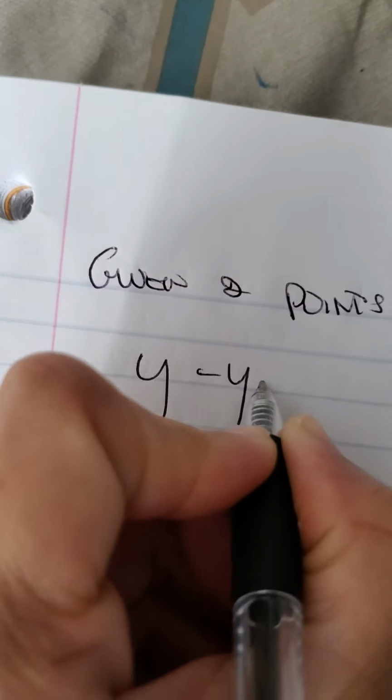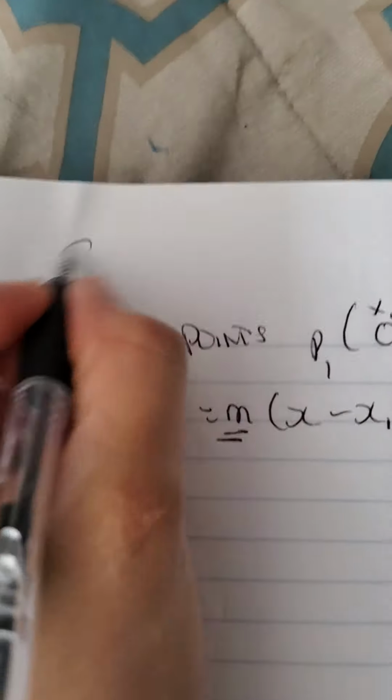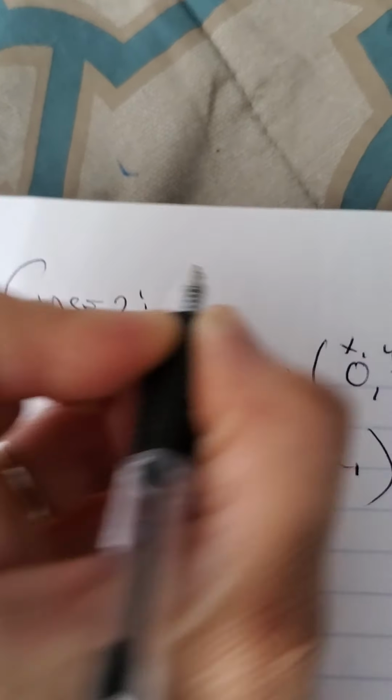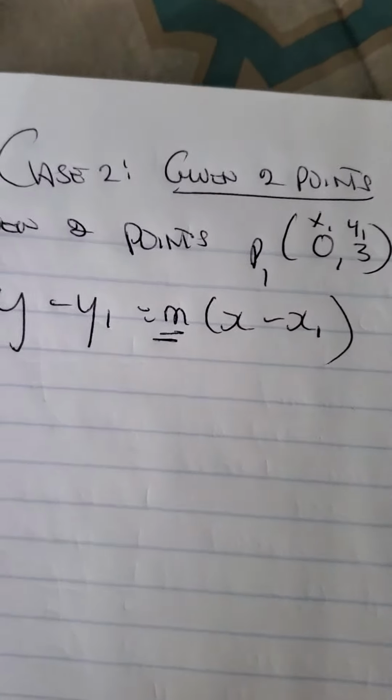So of course, we're going to apply our formula, the point slope formula. And here we don't have our m, so we have to take an extra step when given a case 2 problem. Case 2 meaning given 2 points. We have to take an extra step. So I'm going to find my m. So let's start first with finding my m.